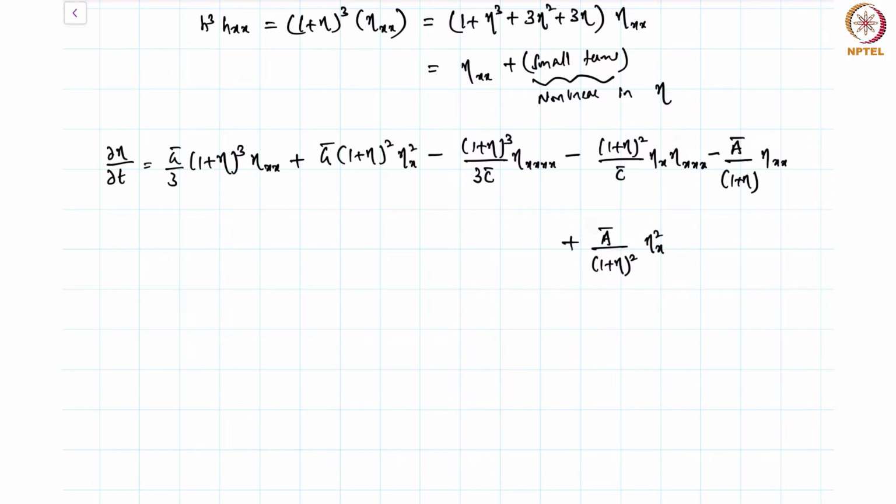Now I'll underline several terms which are very small in eta. So for example, this term, the second term, is nonlinear, the fourth term is nonlinear, and the sixth term is nonlinear. All these are nonlinear in eta, and hence these are small.